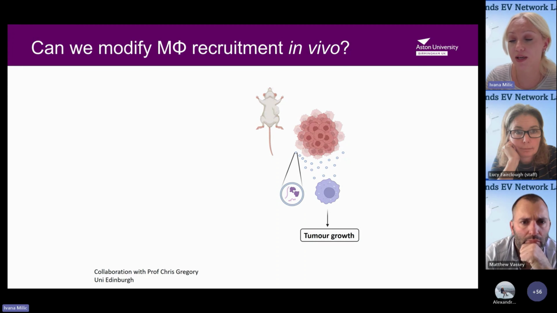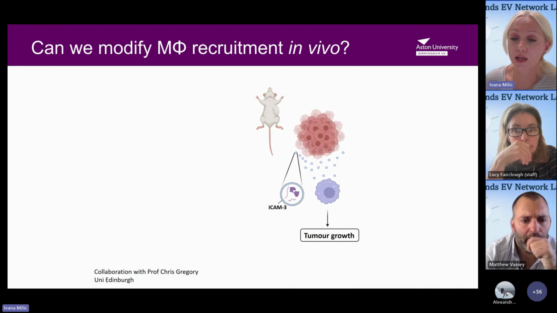The hypothesis is that the tumor will grow if there is a recruitment of macrophages due to EVs, which are being released from the tumor and carry ICAM3. This is the protein that we already know plays a role in the recruitment of macrophages.